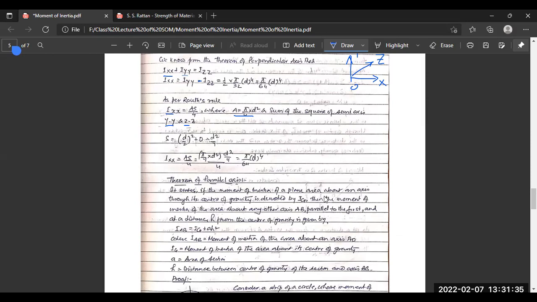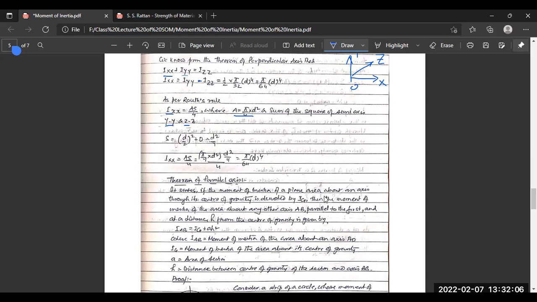The distance from the y axis is d by 2, which is the radius itself, so the square of the radius plus the distance from the z axis, which is 0. So S will be d square by 4.